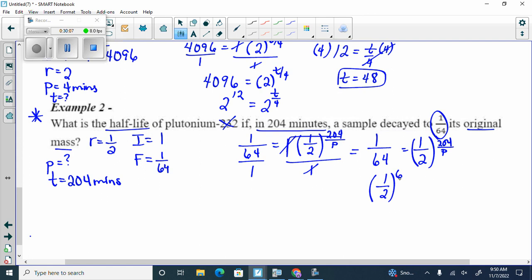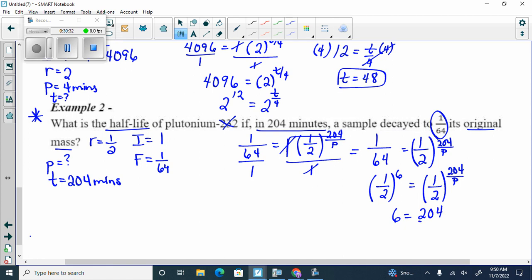Yep. And then this is the half. The doubling, tripling, half-life ones sometimes lead to common base because they're nice. Like the first ones, appreciation, depreciation, will not ever lead to common base, but these ones often do. So I'm going to get 6 equals 204 over p.